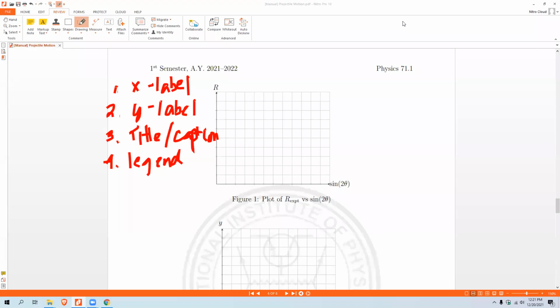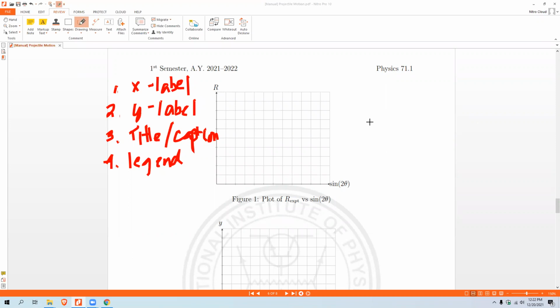I think this is it. So anyway, yung details ng plot also play a role pero not as major. Most of the points come from the complete elements.